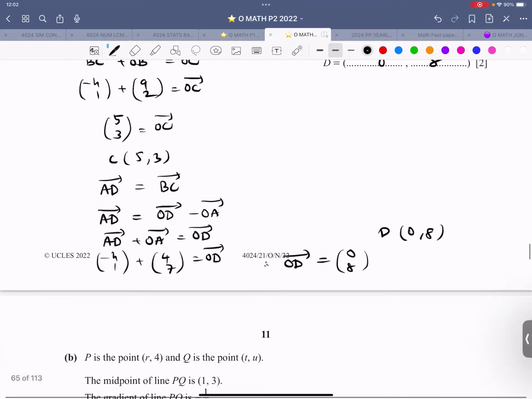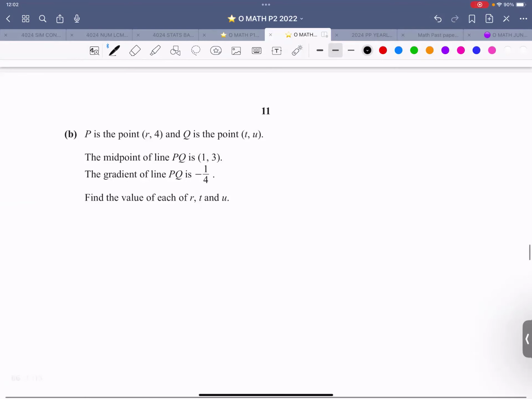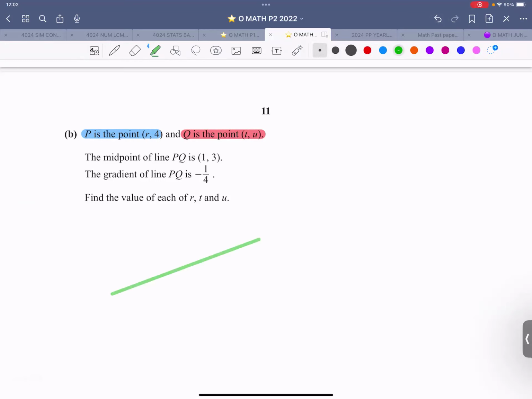Now, I think it continues on the next page. P is the point (R, 4). Q is the point (T, U). So let me highlight this. The midpoint of the line PQ is (1, 3). So let me just draw a line over here. If this is P, this is Q, the midpoint is (1, 3).